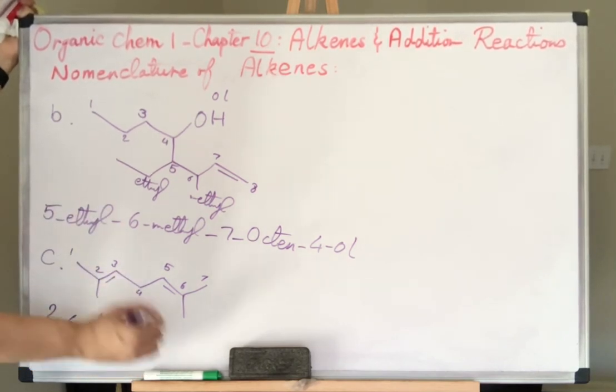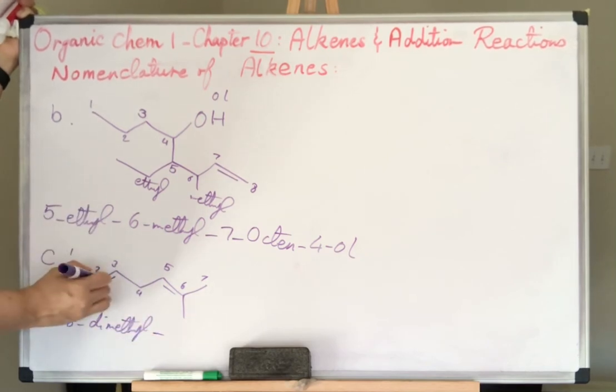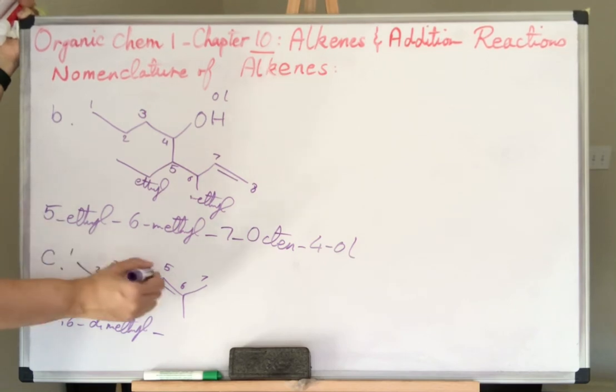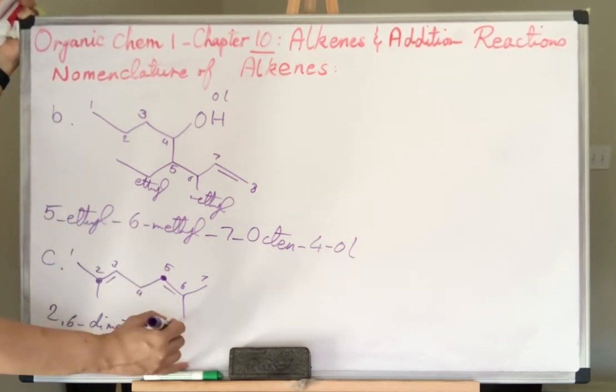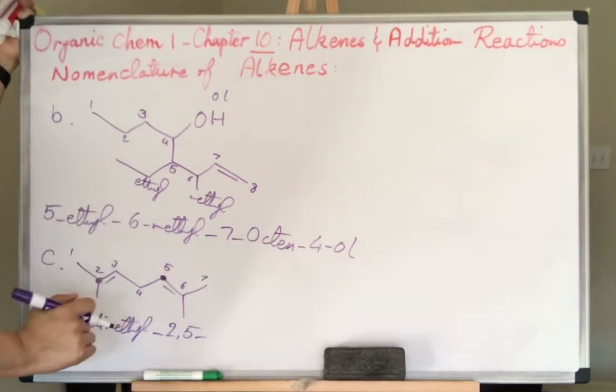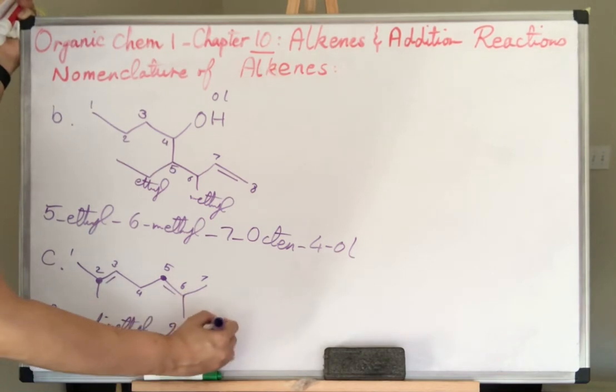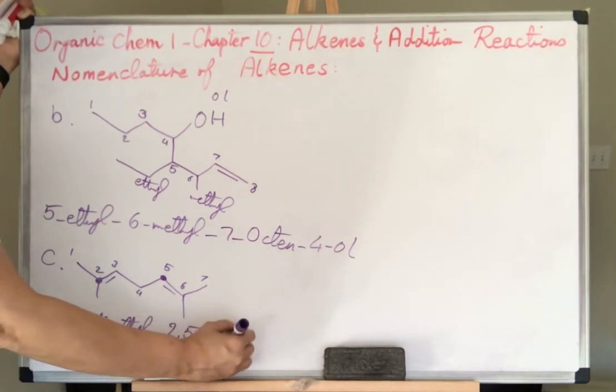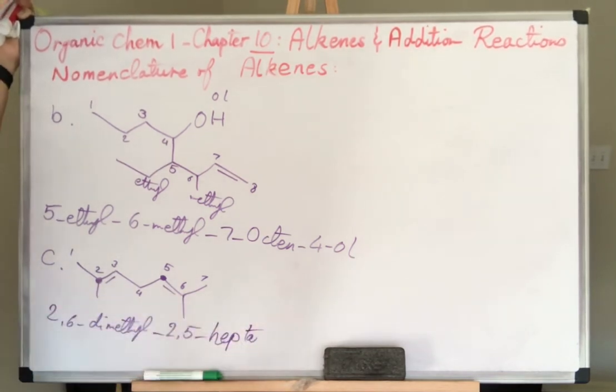Okay? And now you have 2 double bonds on where? The starting point for the first double bond is carbon number 2. The starting point for the second double bond is carbon number 5. So it's 2 and 5. How many carbons? Hepta. If it was an alkane, it would be heptane. But it's hepta.